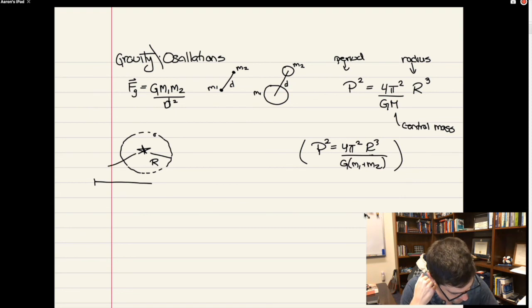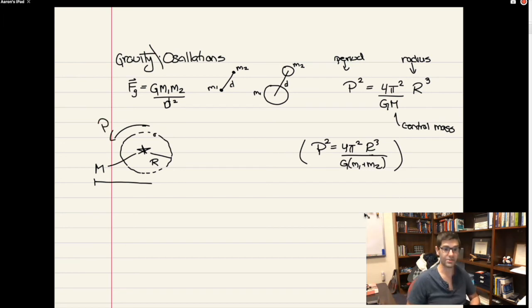The mass of the sun might be some mass big M. And the amount of time it takes to go around once we call the period. The relationship between those three quantities is given by Kepler's third law, which we derived for uniform circular motion, where the big object in the middle is at rest.